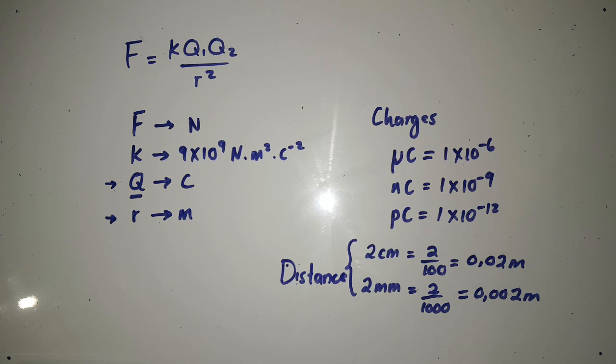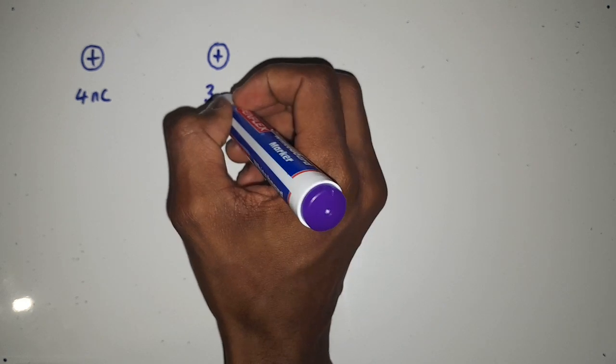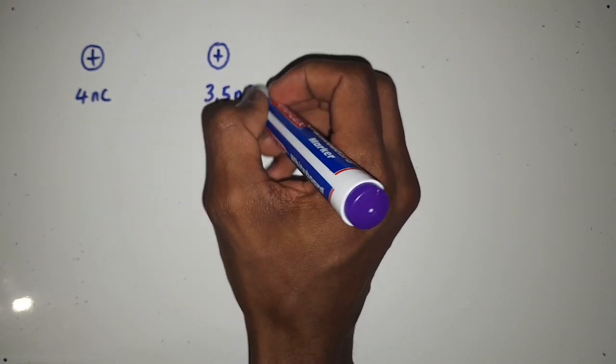You see? Now let us use this equation to calculate the value of F. Suppose I have this situation. Let's say they give us two charges: a positive charge of 4 nanocoulomb, and somewhere there I also have a positive charge of 3.5 nanocoulomb.